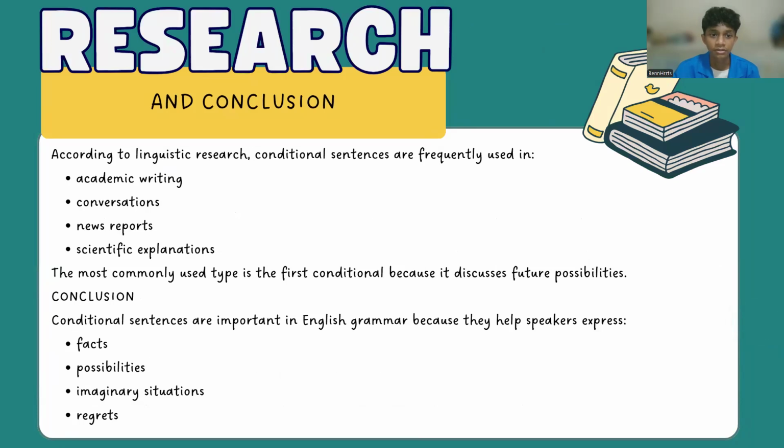And this is for research and conclusion. According to linguistic research, conditional sentences are frequently used in academic writing, conversation, news reports, and scientific explanation, and the most commonly used type is the first conditional because it discusses future possibilities.